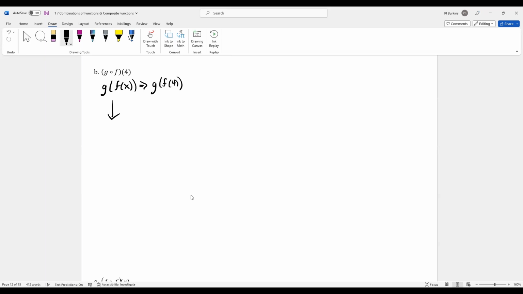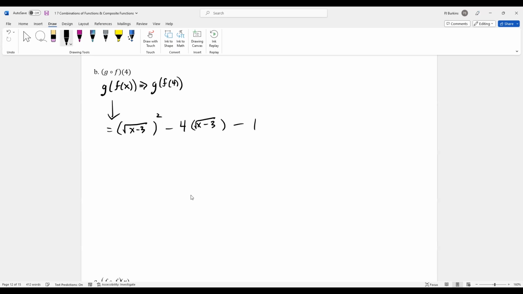But let's do it this way. So the g function is x squared minus 4x minus 1. And in each one of the x's, we are now plugging in instead x minus 3, which was the f of x function.